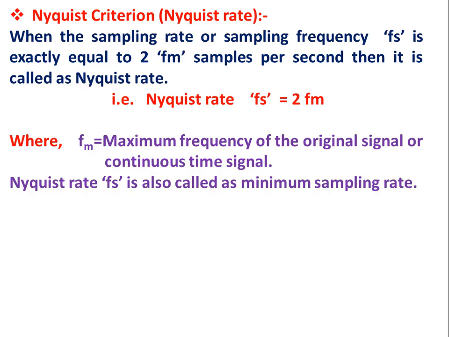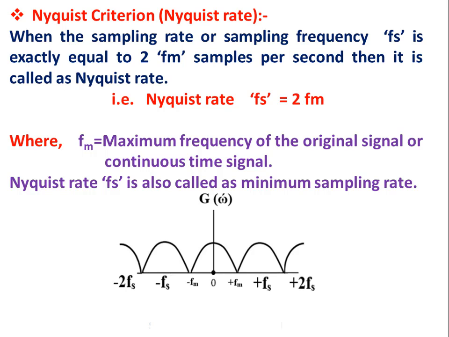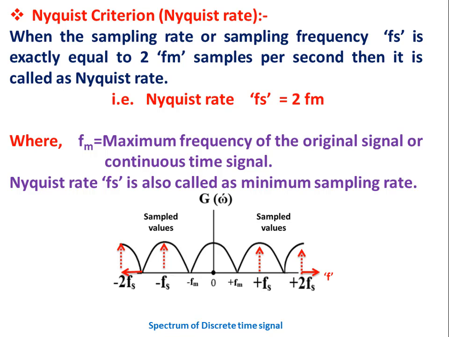When the continuous time signal x(t) is sampled at the Nyquist rate Fs = 2Fm, the spectrum of the discrete time signal consists of non-overlapping sampled values repeating periodically, but the successive cycles of sample values in the spectrum of the signal G(omega) touch each other, as shown in the figure.